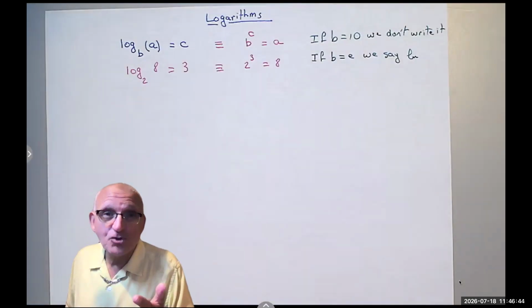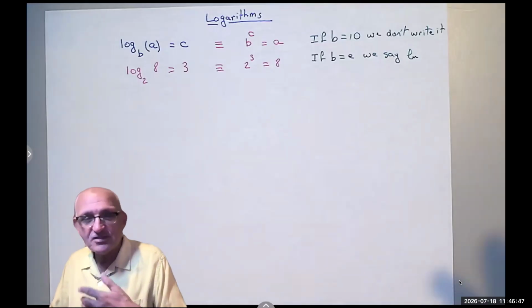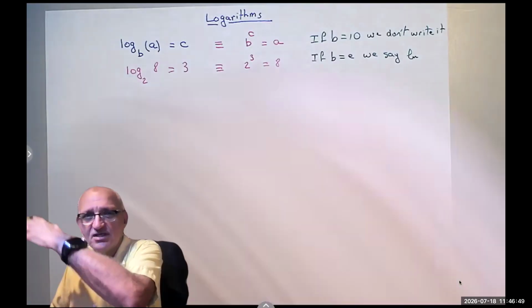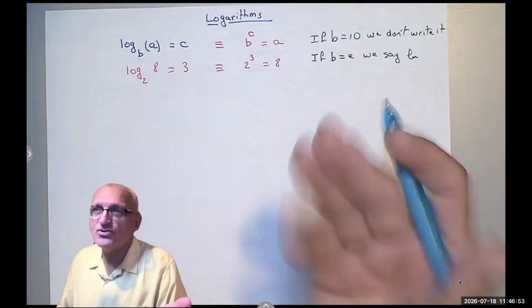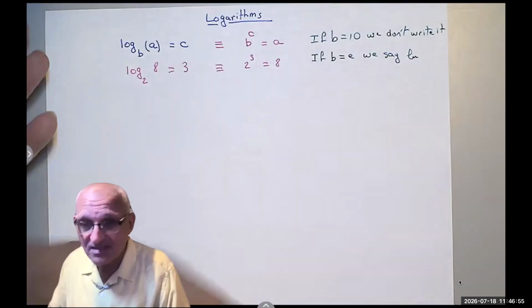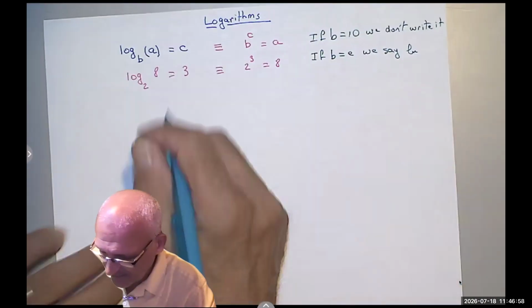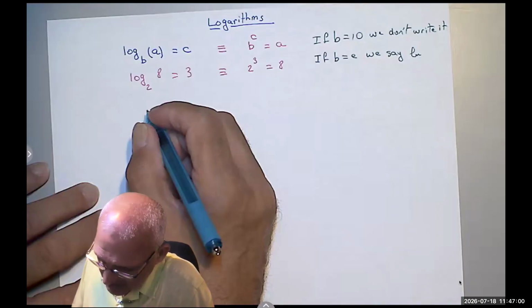Now, let's look at the rules. Remember we had rules for exponents when you say x to the a times x to the b equals x to the a plus b. We have similar rules, as you should expect since the logarithm is the reciprocal of the exponents.